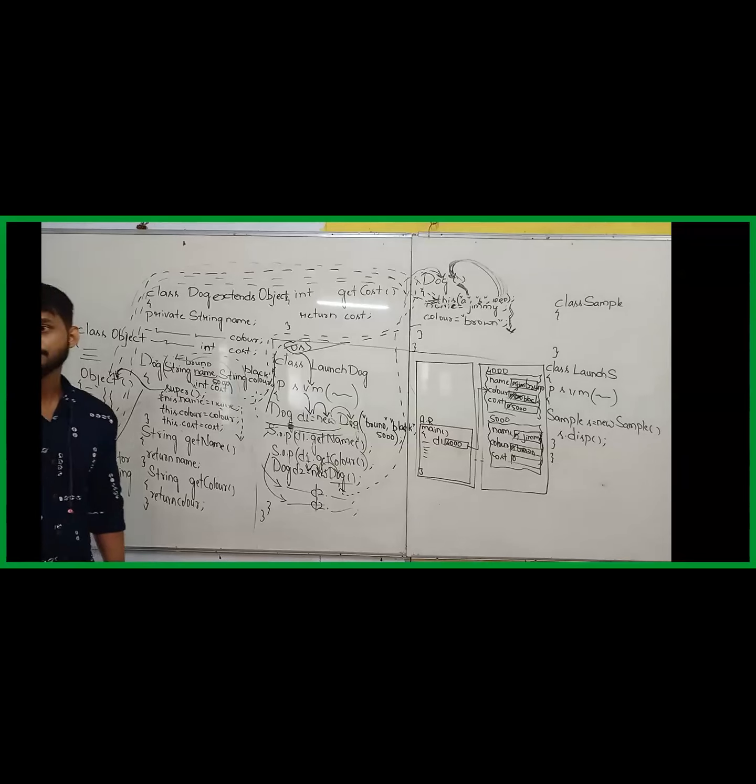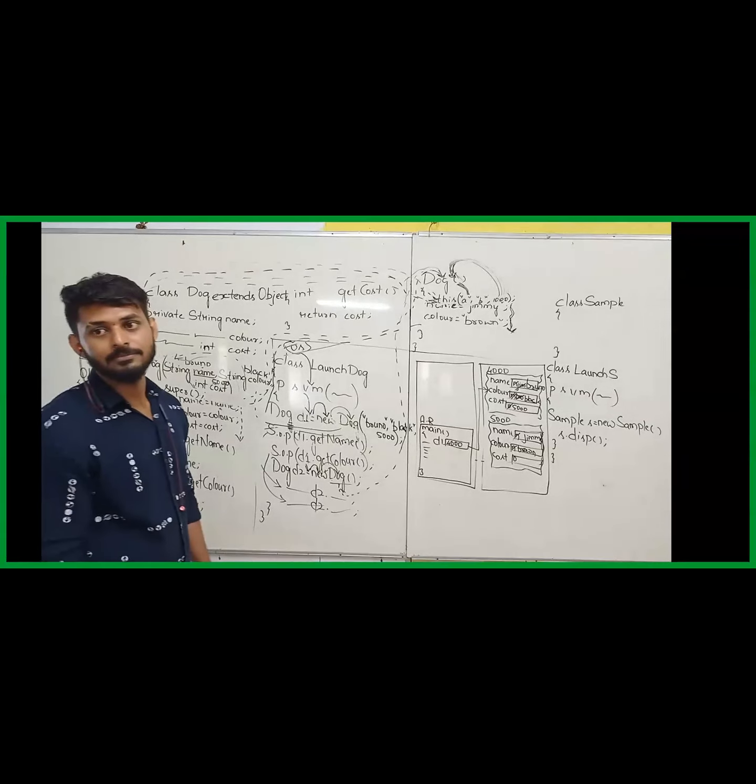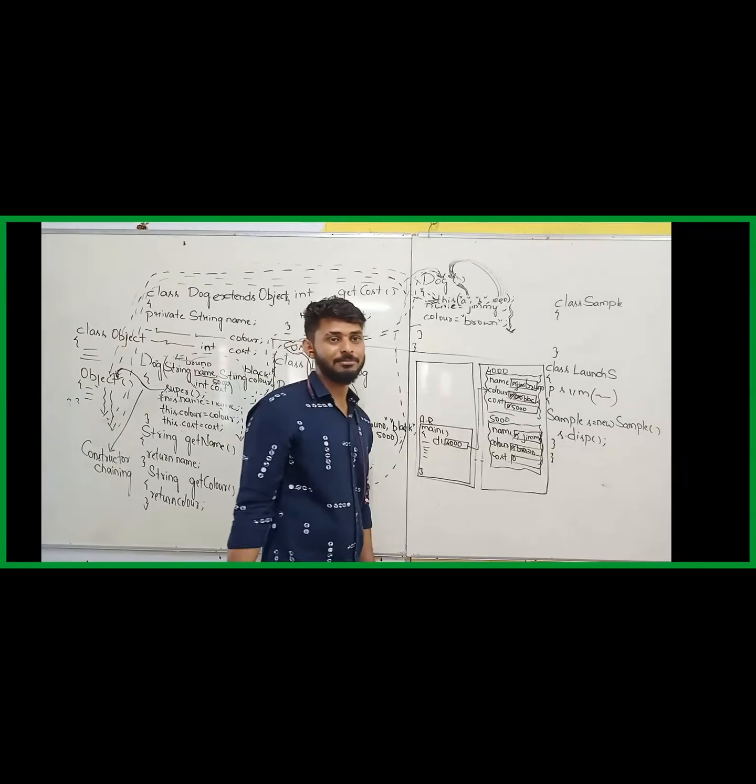What do you mean by constructor chaining? One constructor calling another constructor. In a simple manner, when we discuss constructor chaining, it should be from child to parent only. There are two types only.